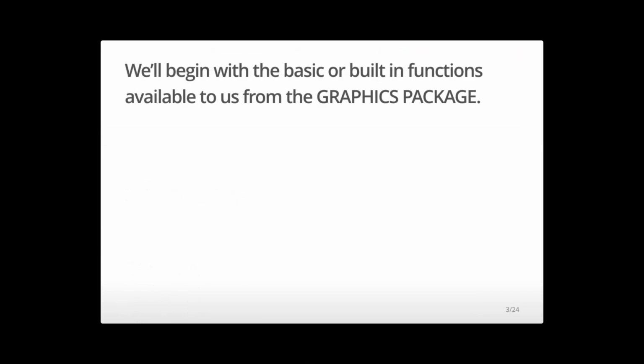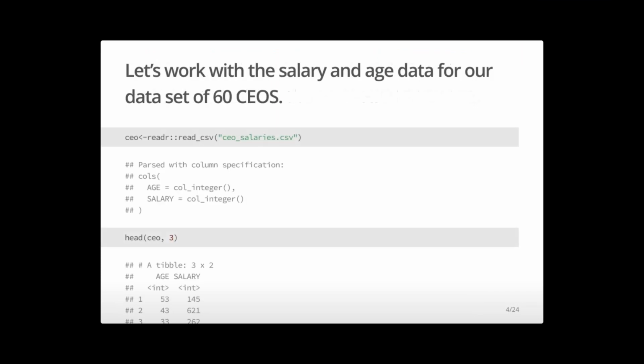So we're going to begin by reading in, and you can work with the markdown document that you've been working with so far. And you can include a code chunk, and go ahead and read in the CEO data.